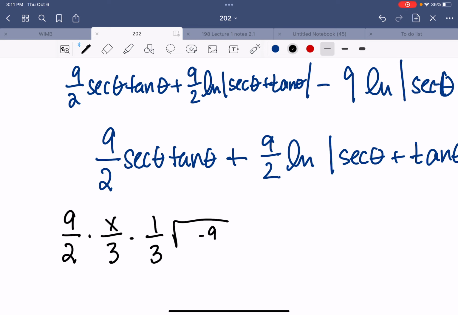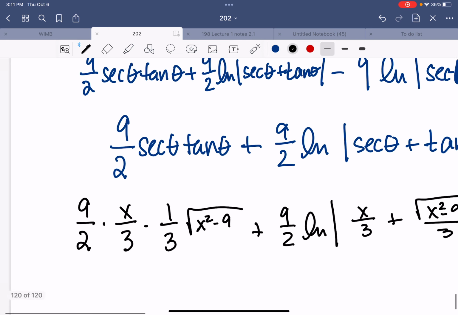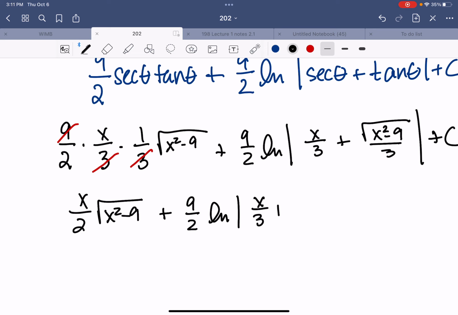Plus 9/2 times the natural log of secant theta, which is x over 3, plus tangent theta, which is the square root of x squared minus 9 over 3, plus a constant. And the last thing I can do is cancel these 3's and the 9. That gives me x over 2 square root of x squared minus 9, plus 9/2 the natural log of x over 3 plus the square root of x squared minus 9 all over 3, plus c.